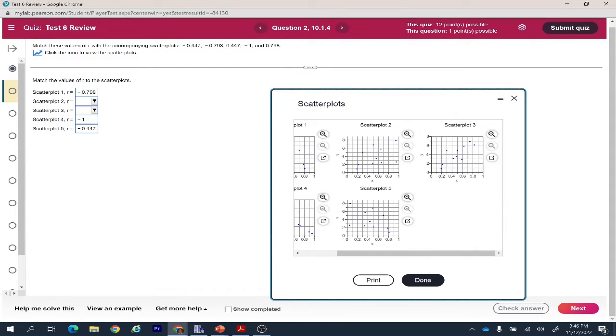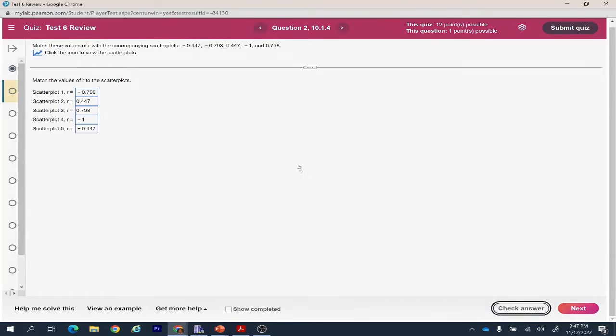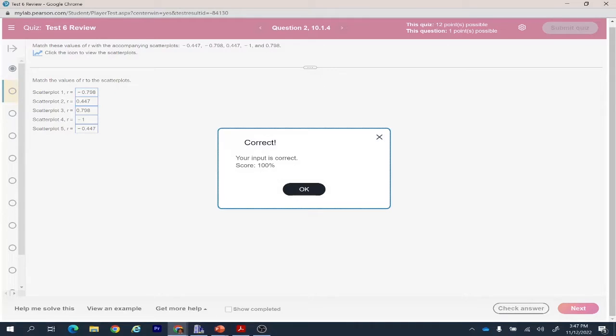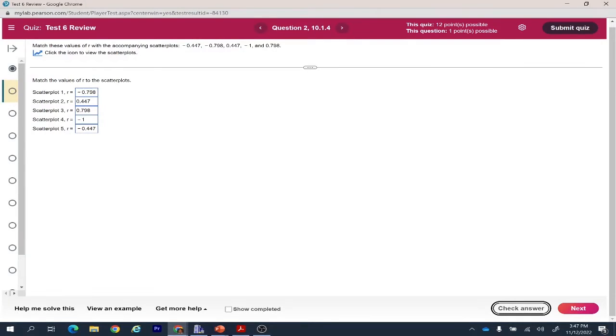As you can see, both of them are going up, so the value of r should be positive, but one is more linear, so its value of r is supposed to be closer to 1. So number 3 is closer to 1, which is 0.7, and number 2 is also positive but less than 0.7. So that's how you can find out your value of r by looking at the scatter plot.